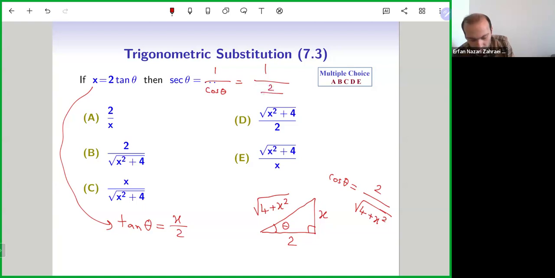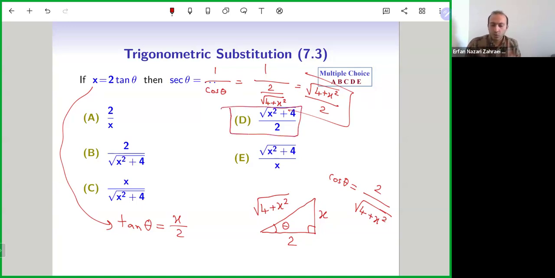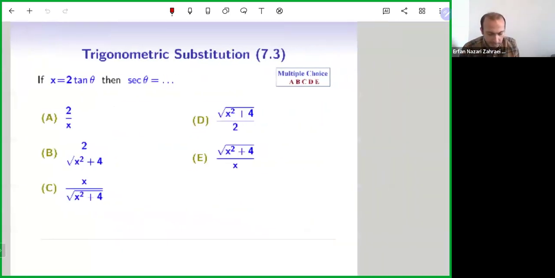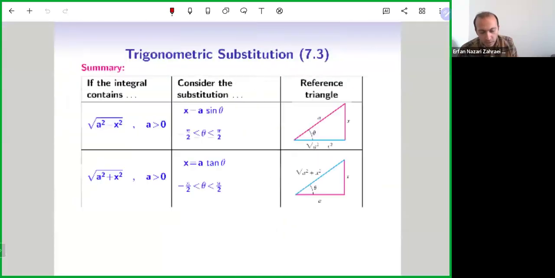It's 1 over 2 over root 4 plus x squared. So it's root 4 plus x squared over 2. That's what we have, which is the same as option D. Root 4 plus x squared or x squared plus 4, they are the same, over 2. Okay, that's how we use the reference triangle.